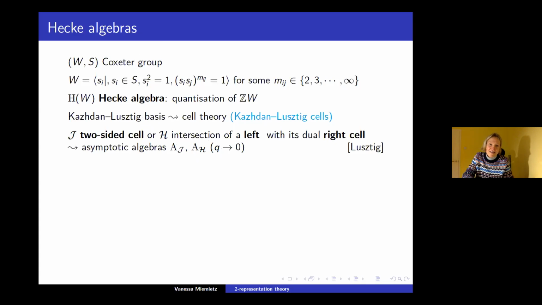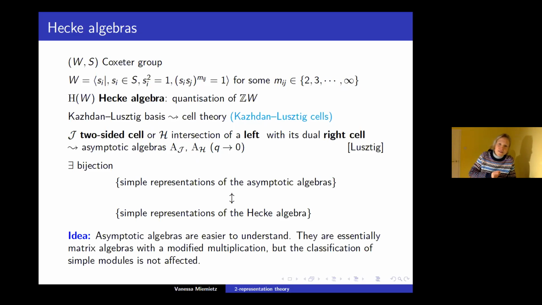Okay, so these are these asymptotic algebras, and the reason why they're interesting is because, as you let your two-sided cell vary, and you look at the simple representations, those are in bijection with the simple representations of the Hecke algebras. Or rather than just looking at all the A_J, where J runs over two-sided cells, you could look at the A_H, where H just runs over one diagonal H-cell in each two-sided cell.